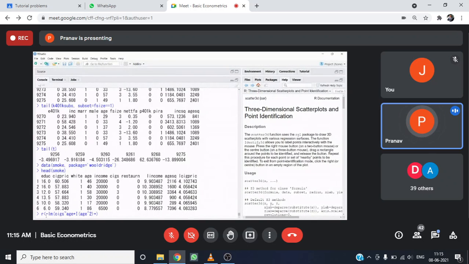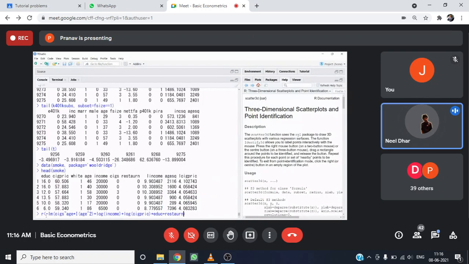Log of income is L income, it is already given, so you can write that as well. Income, log of cigarette price, and education? Yeah. And restaurant restrictions.